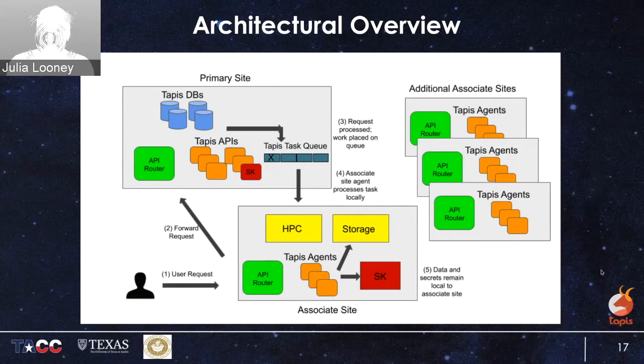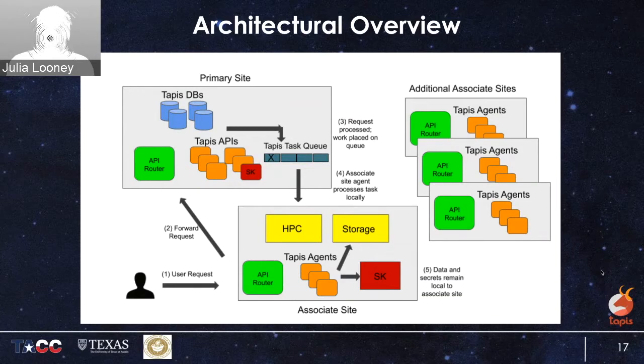So there are two main things here that improve upon what is available in version 2 of Tapas, the current version. One is that we can run parts of our code on associate sites, and these agents that run there really function as we're able to bring the computation to where the data is.